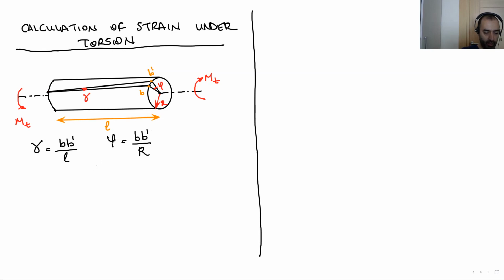If you make an arrangement, phi, the angle change on the section, equals L over R times gamma.